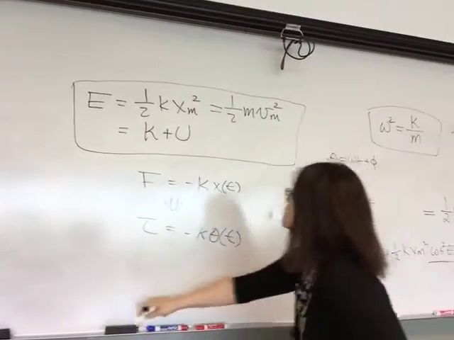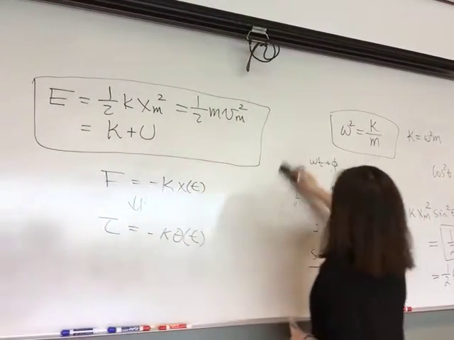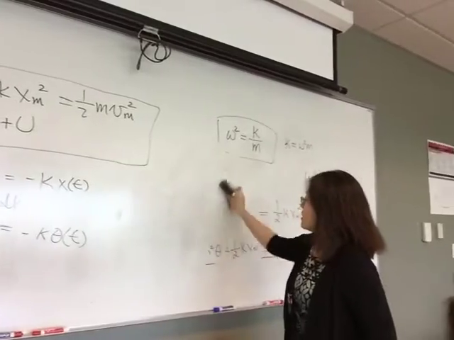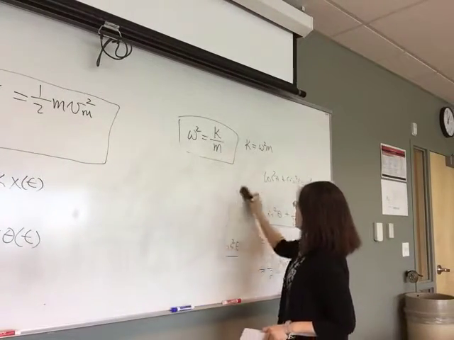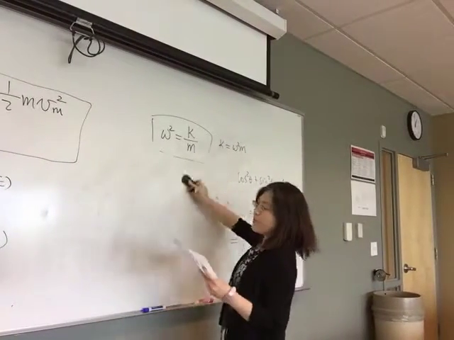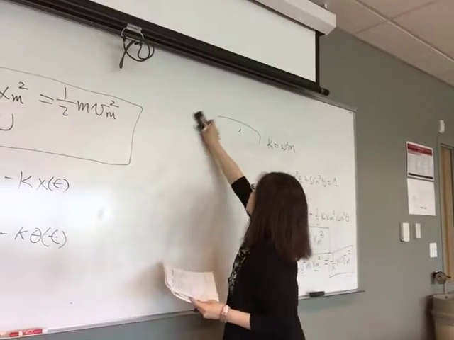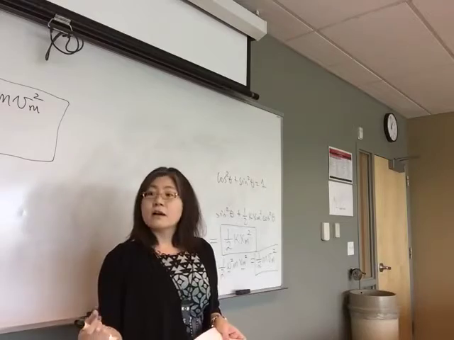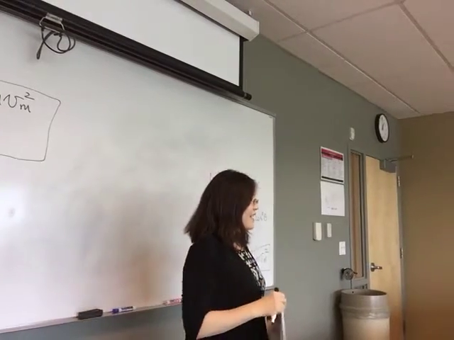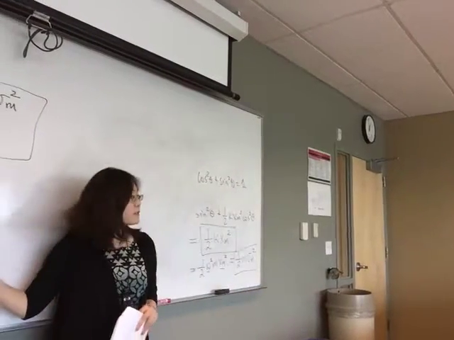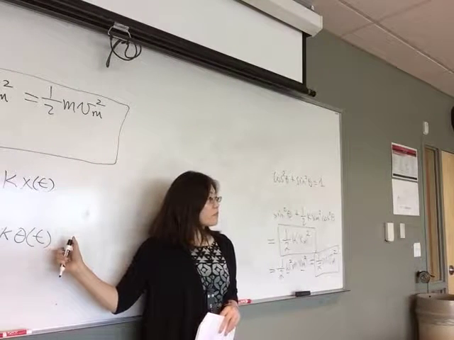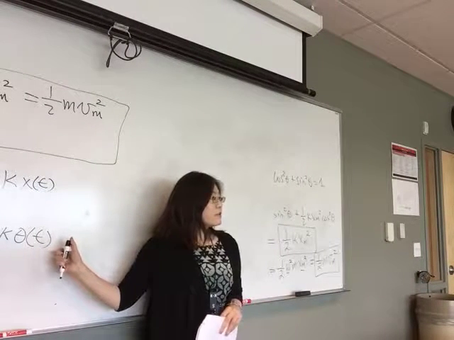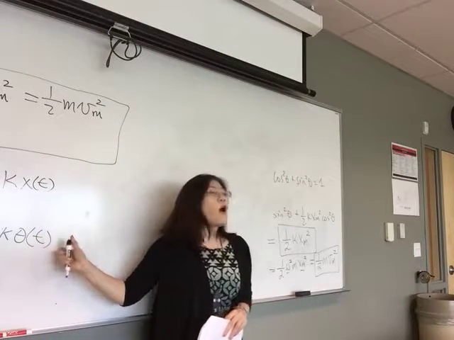All right, another example of simple harmonic motion is a pendulum, where we just let the pendulum oscillate. Oh, sorry, I have a question about the torque thing. For that theta, it's not the same as the other theta, right? Oh, you mean that theta?